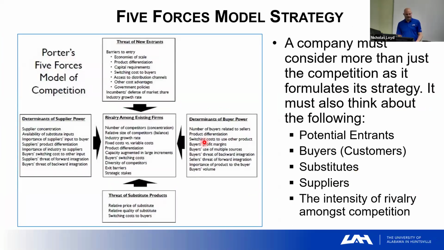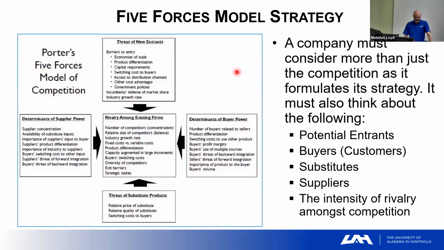And another, I think, kind of holistic way to view things is another Michael Porter tool called the 5 Forces model, where he basically says you need to consider more than just your direct competition when you're looking at strategy.